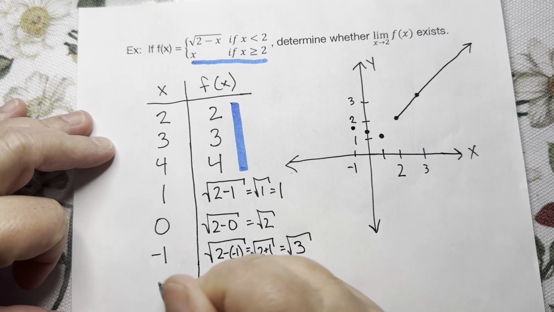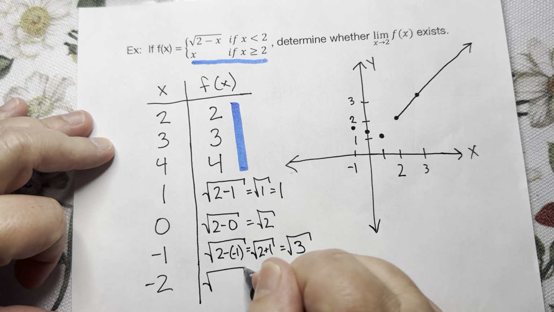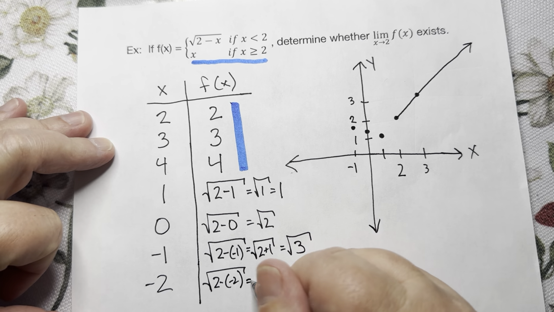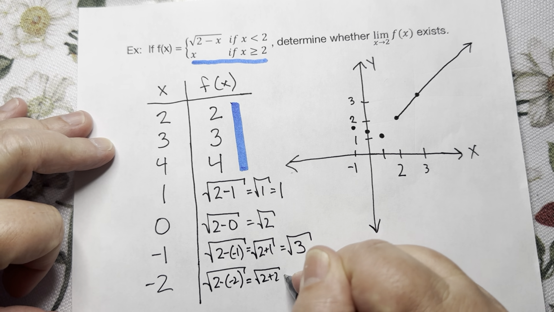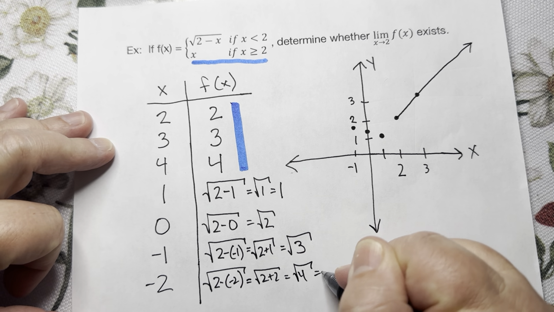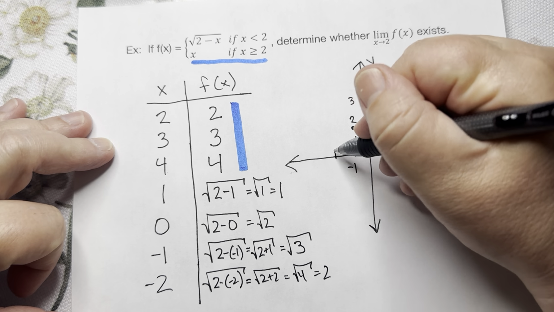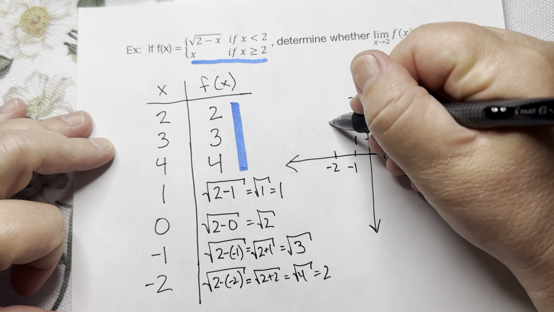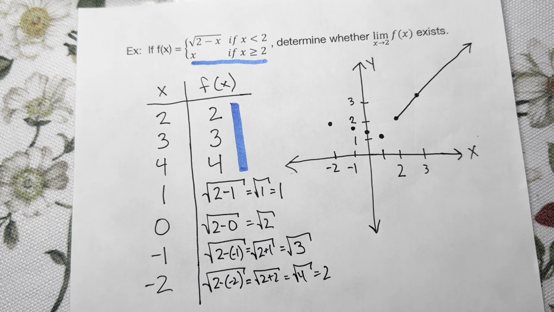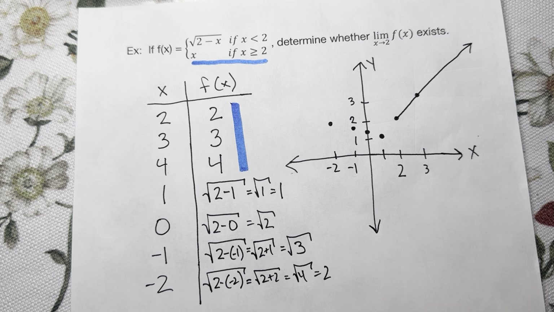And then if I go to -2, this one's not going to be too bad, because that one's going to be radical 2 plus 2, which is radical 4, which is 2. Thank goodness. So at -2, we're going to be up here. It's hard to tell, and I have violated one of the rules of graphing that says you should use graph paper.